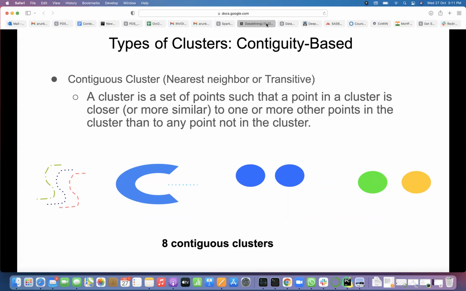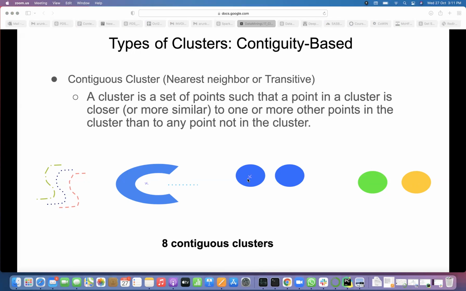So if you see here, to understand this, what is the centroid? The center of this cluster. Suppose this may be the center, if you think for all these points. And this may be the center here.